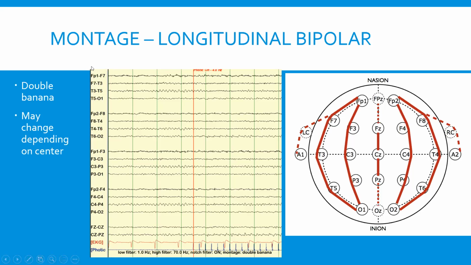We can combine these into groups of left and right. This part is called the temporal chain because these 4 electrodes go from front to back on the left side, on the outer part. It's called temporal because the temporal lobe of our brain is on the outer aspect of the head.